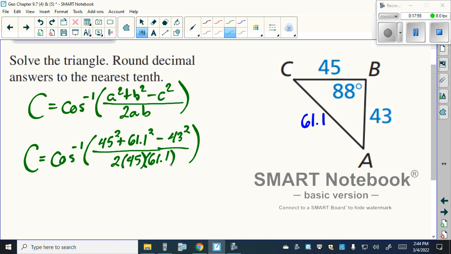And at this point here, we can type it all into the calculator. Say cosine inverse of 45 squared plus 61.1 squared minus 43 squared over 2 times 45 times 61.1. And we should get that C is 44.69 or 44.7.